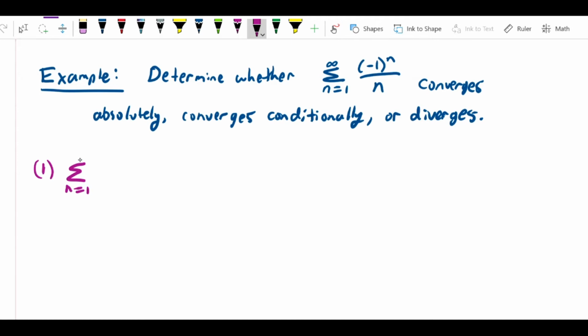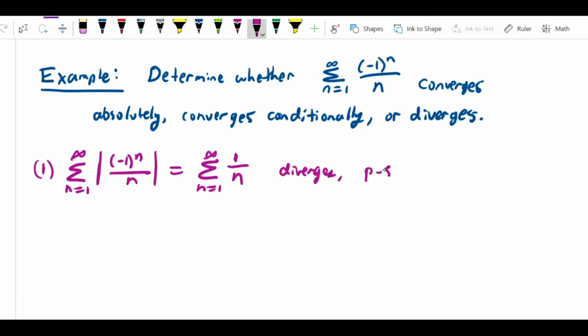Let's test the series, the absolute value of (-1)^n over n. What this does is it basically takes out that (-1)^n term, because that turns half the terms negative, but the absolute value of a negative term is positive. So this is just equal to the sum of 1 over n. And we know that this diverges because it's a p-series with p equal to 1, which is less than or equal to 1.